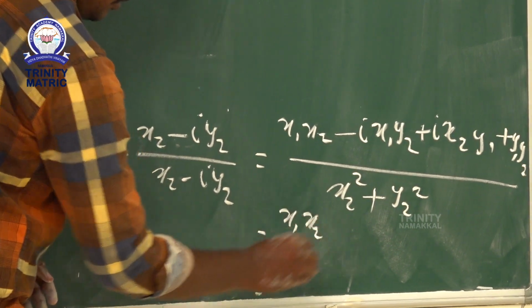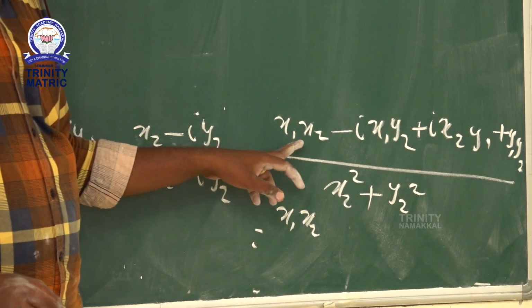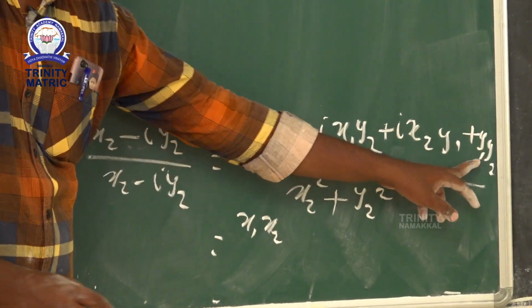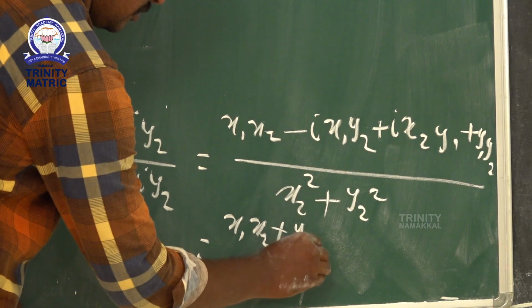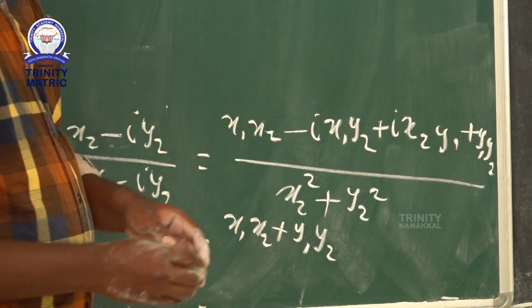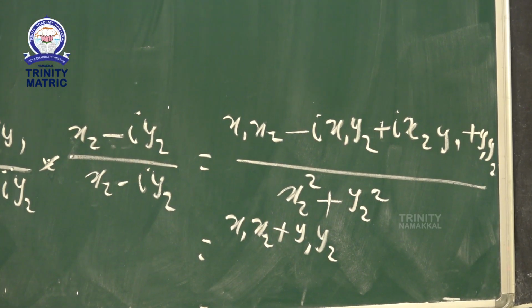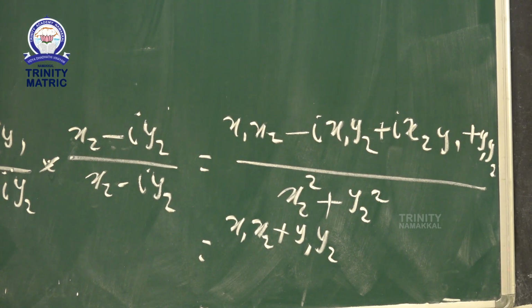x1 into x2. There is another real part, the last term, plus y1 into y2. Here two imaginary parts are given, one is a negative term and another is a positive term.